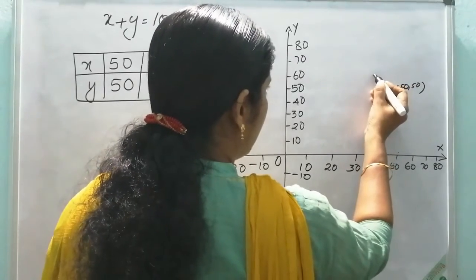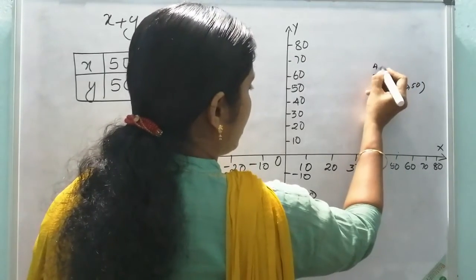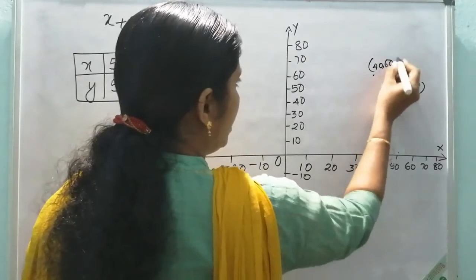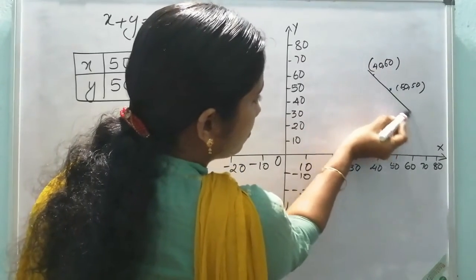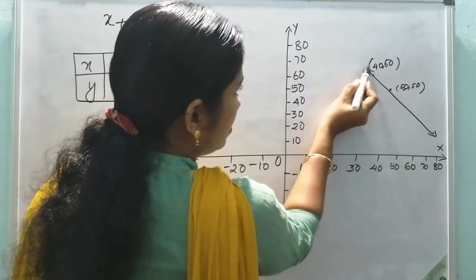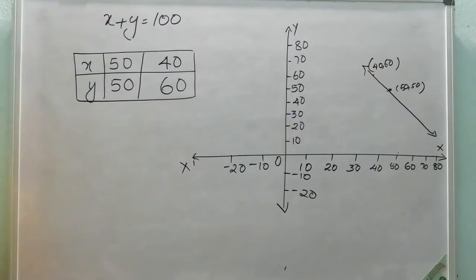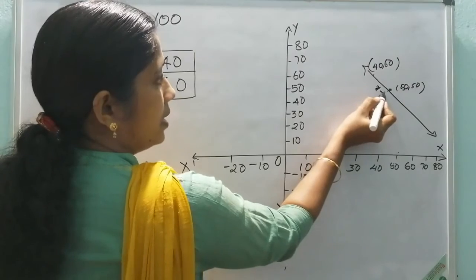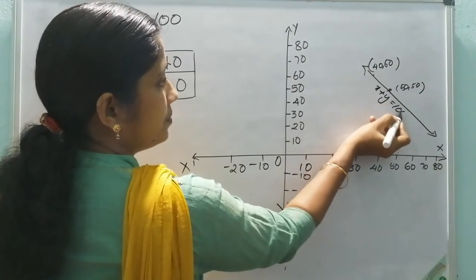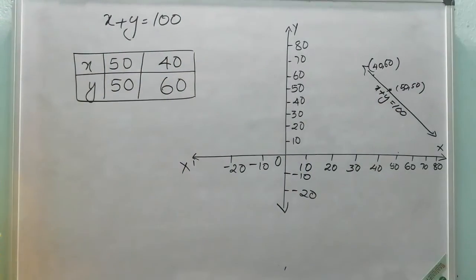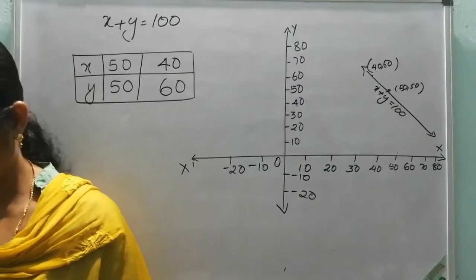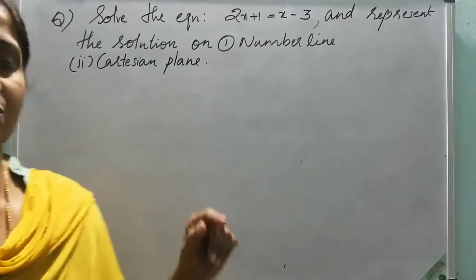Then you have to join the points. That is the graph of x plus y is equal to 100. Then we can do the next question.